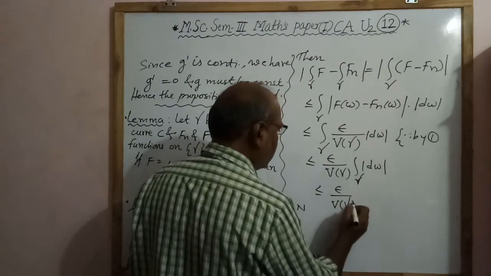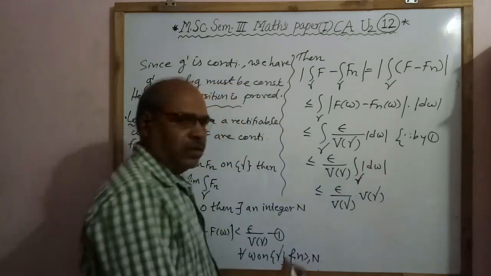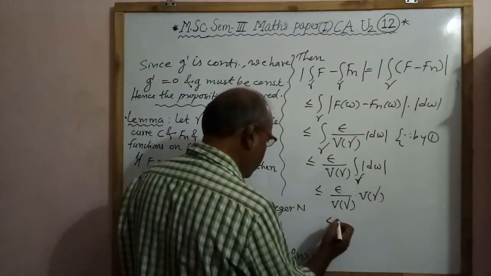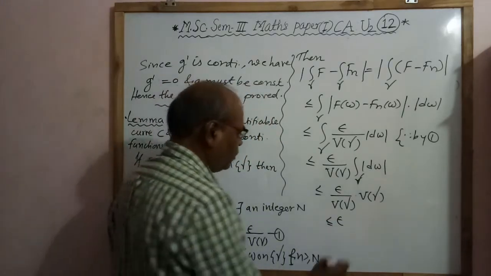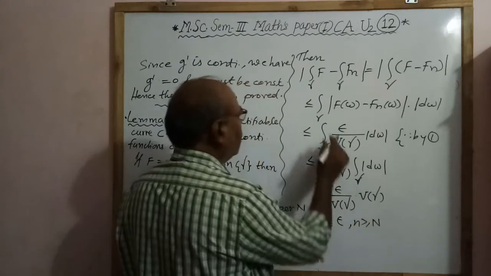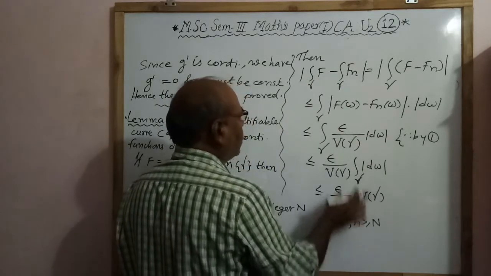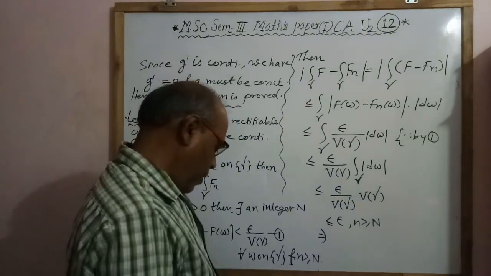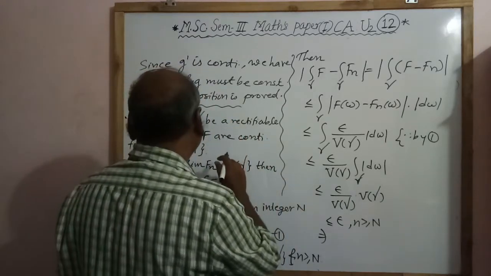Epsilon divided by the length of gamma into the length of gamma. The value of this integration is the length of gamma. The length of gamma cancels, therefore less than or equal to epsilon whenever n is greater than or equal to N. Now we have this mod less than or equal to epsilon, therefore we have the integration of f equal to the limit of the integration of fn, which is the required result that we want to prove.